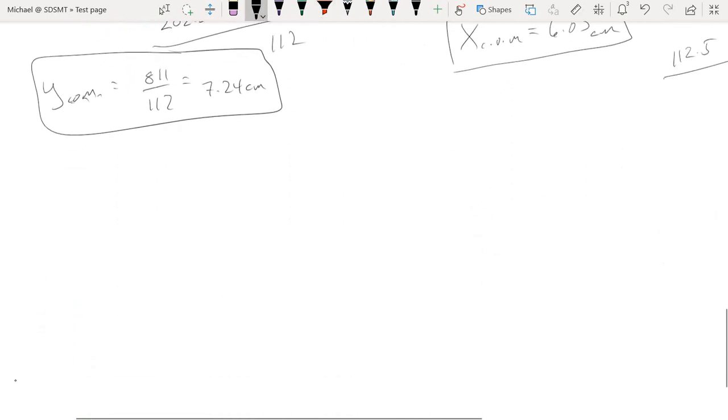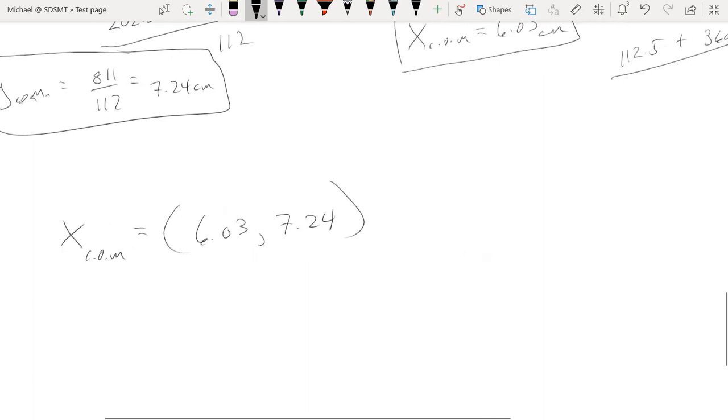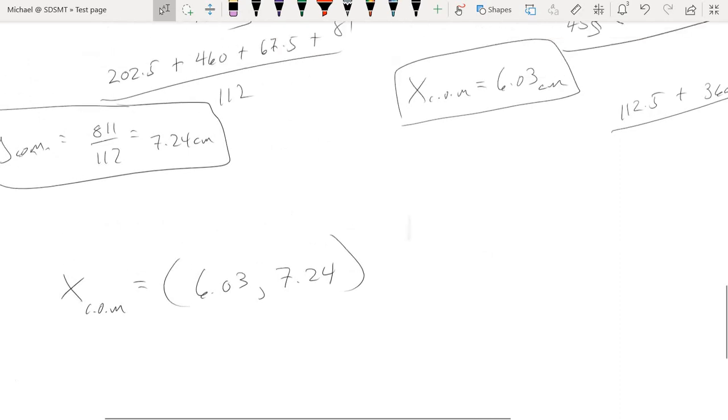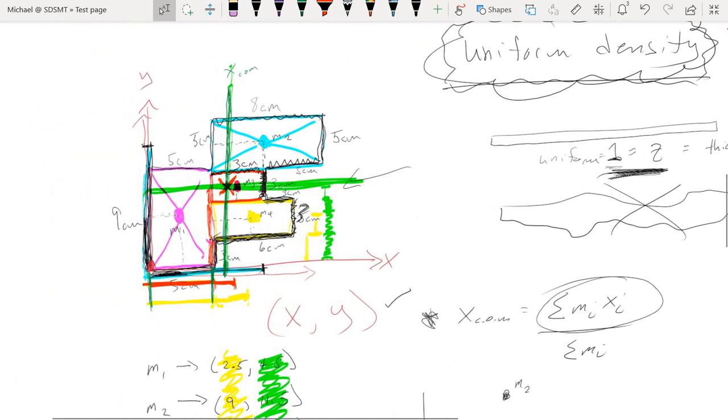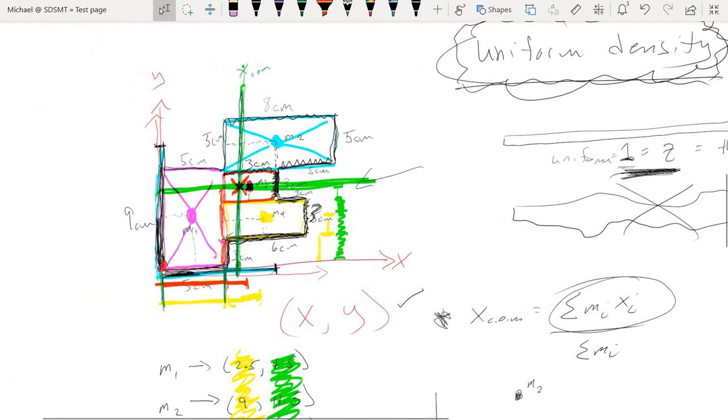I know that the center of mass for that chopped up piece of sheet metal has these coordinates. And maybe if I even carried out the decimals a little bit further, maybe we could take this piece of sheet metal and balance it on a stick or something. You can wow your friends by being able to find that center point.